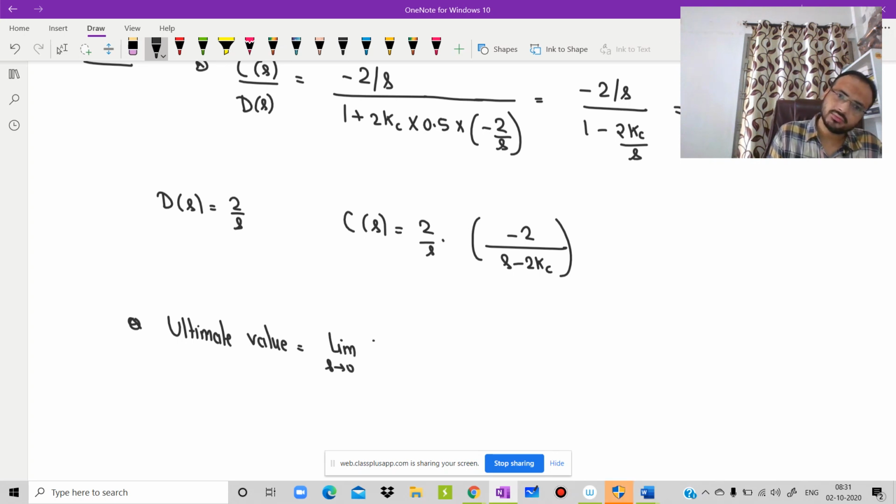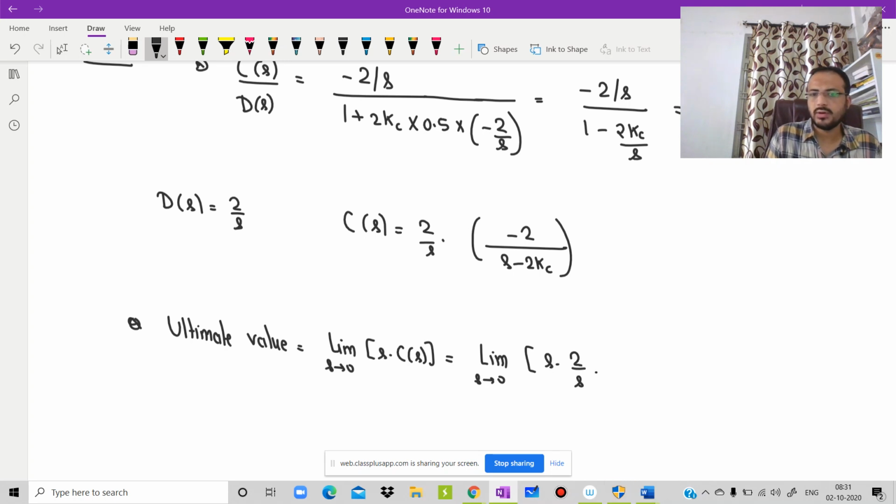Limit s tends to 0 s of C of s, 2 by s into minus 2.